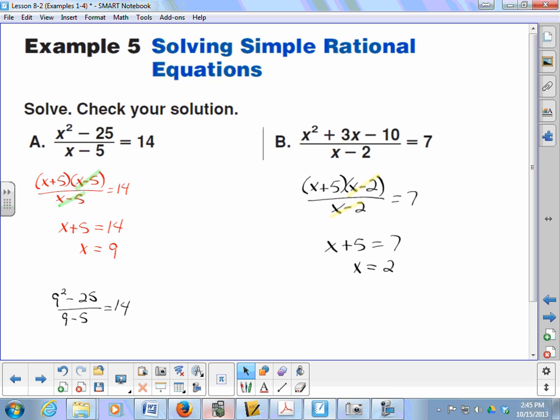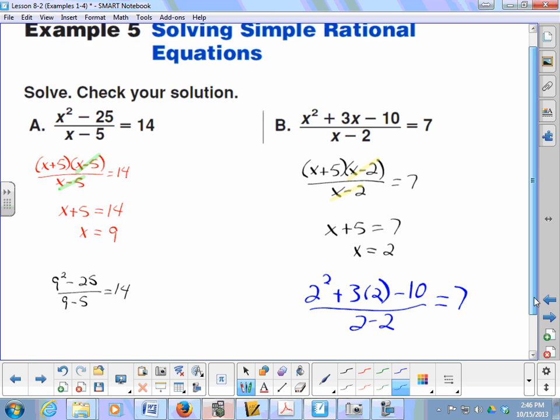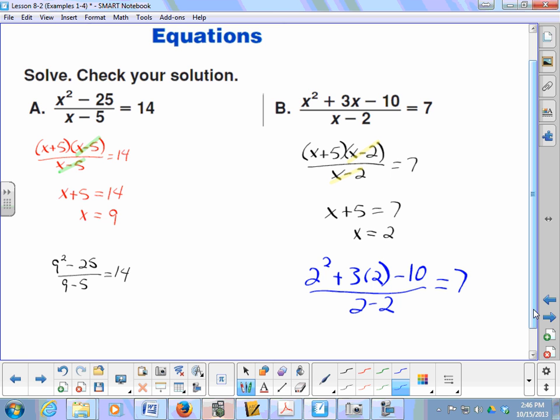Now, here's why it's important to check your answer. Because if I check it now, I put 2 in for x. What happens in the denominator? We get 0. Can we divide by 0? No. Since we cannot divide by 0, that means our answer is what we call extraneous.